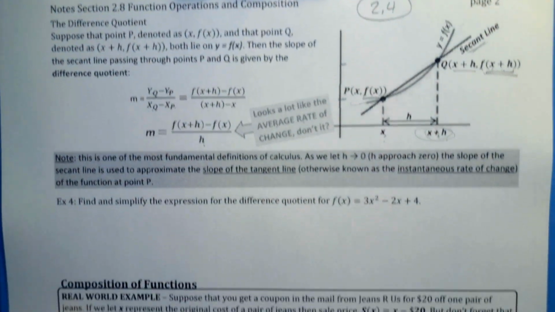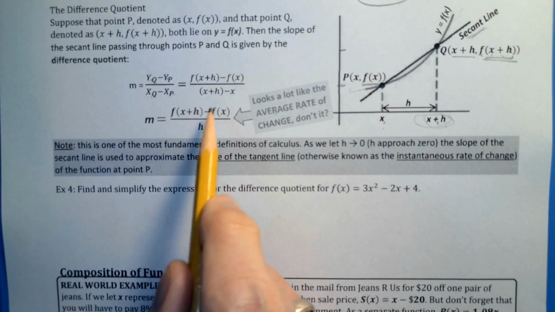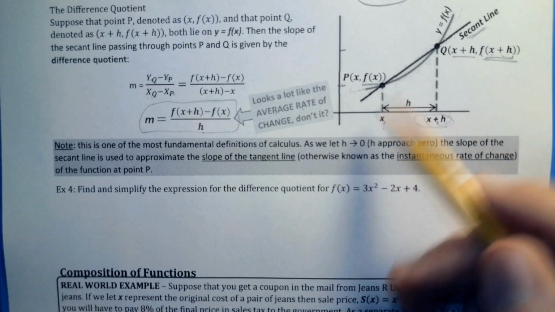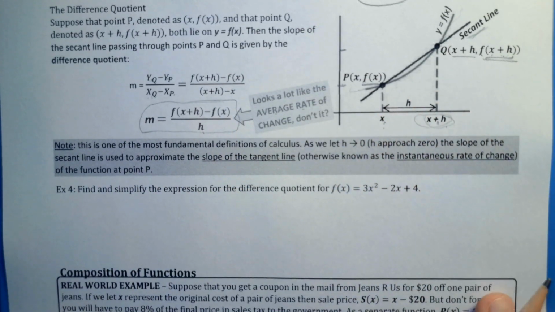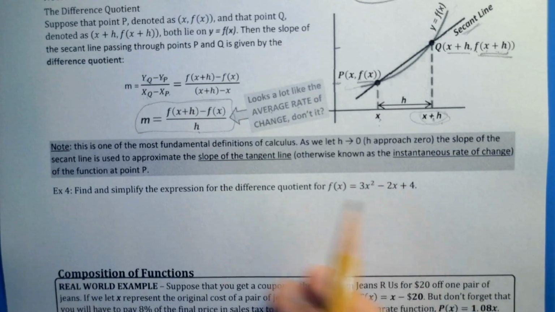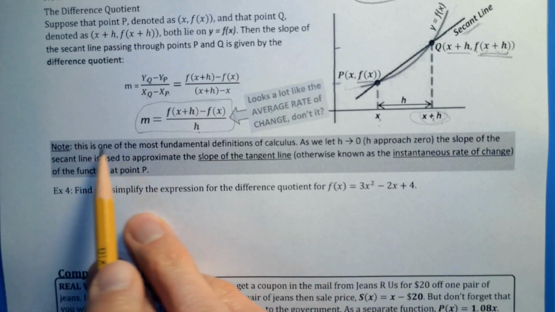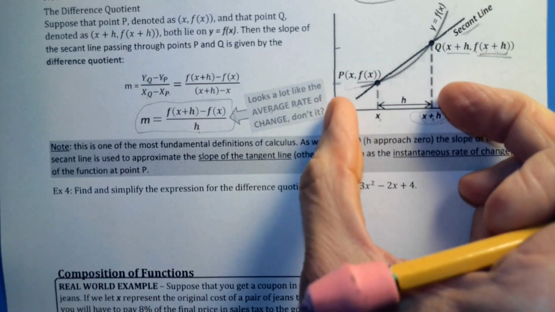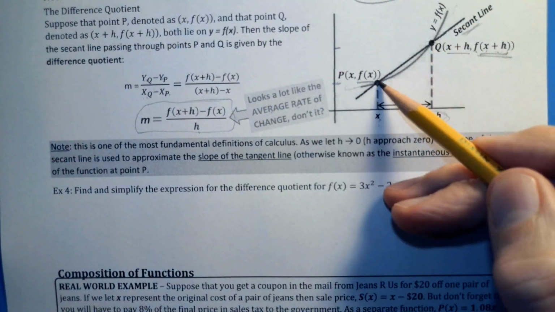So if we're using this as our definition for what a slope is for an average rate of change, then we're going to use that for the function down here. Notice that this is one of the most fundamental definitions of calculus. So this is the average rate of change.